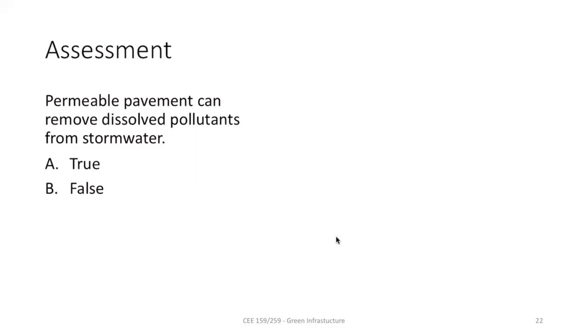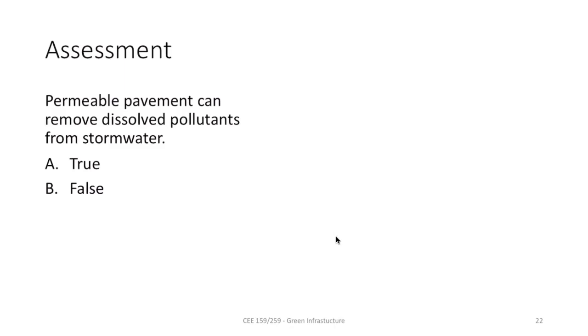Think of what permeable pavements are designed for. They are designed for allowing water to move as quickly as possible. So the only thing they remove well is sediment, and sediment is not a dissolved pollutant. For dissolved pollutants to be removed, the materials used in the pavement must have strong affinity for them, and the water has to move slowly enough for them to attach.